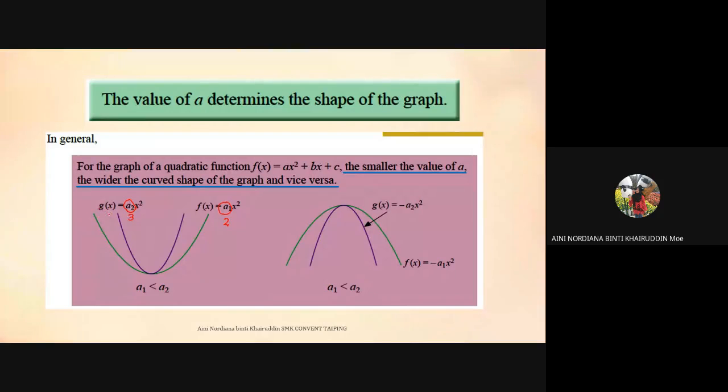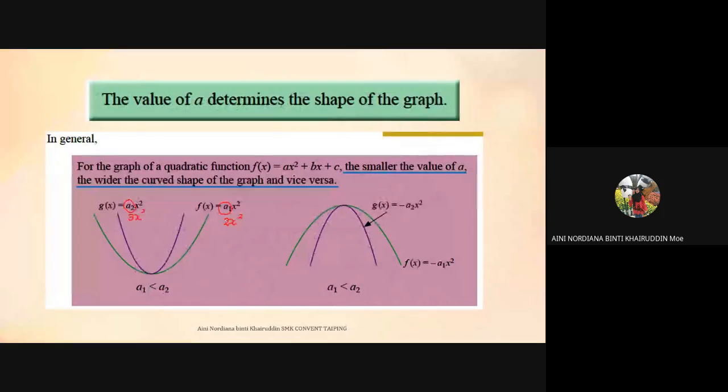So for GX, GX ni nama graf lah. Ini graf G, this one graf F. Nama sahaja untuk bezakan. Sebab kalau sini pun FX, sini pun FX, kita confuse pula. Okay. The green graph is FX. This one blue or purple is GX graph. So let's say here 3x square. So here 2x square.